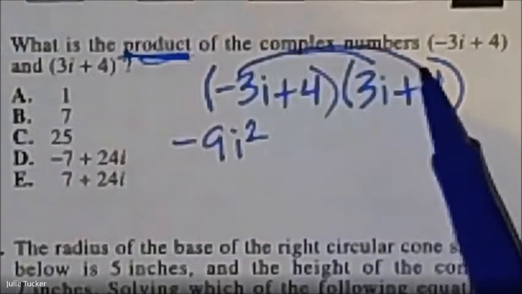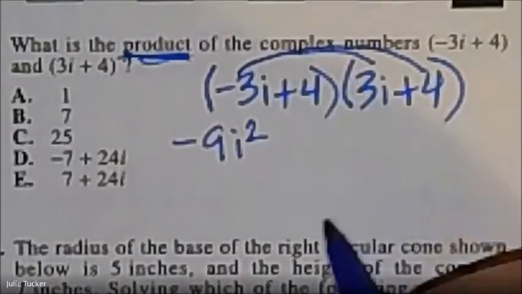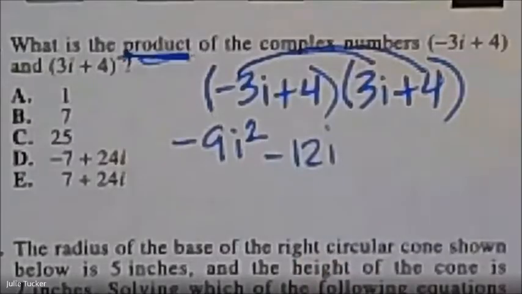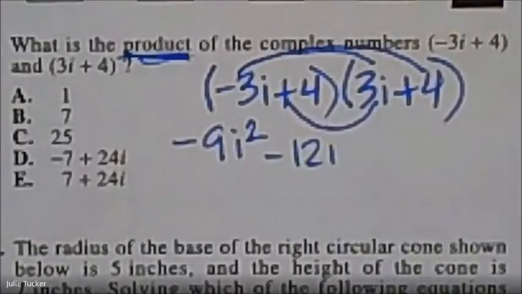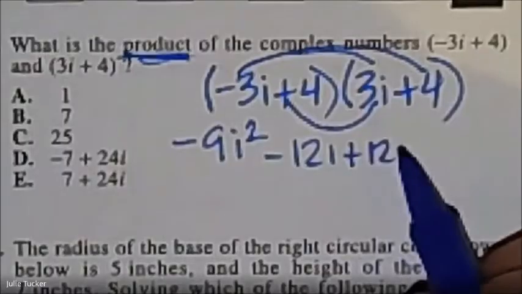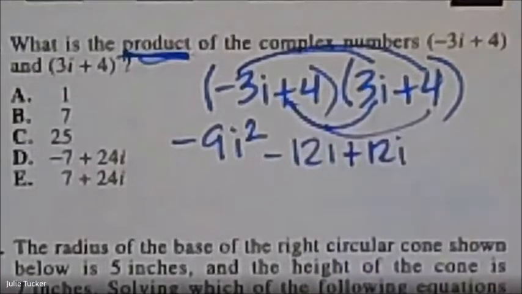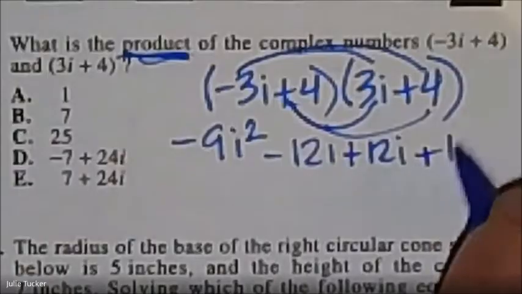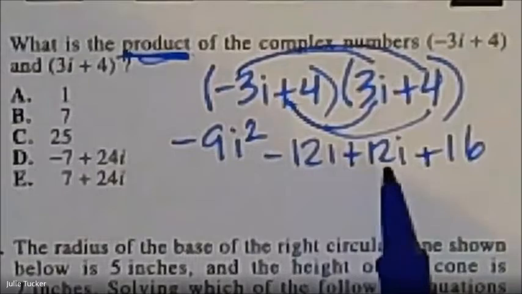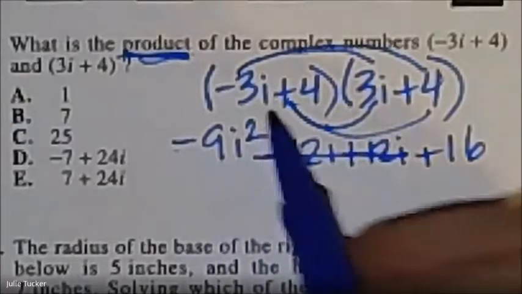Then we have negative 12i. Then we have positive 12i. So we were right. This is going to cancel the middle out. So what is negative 9i squared?